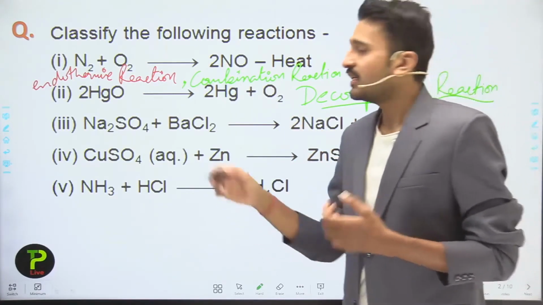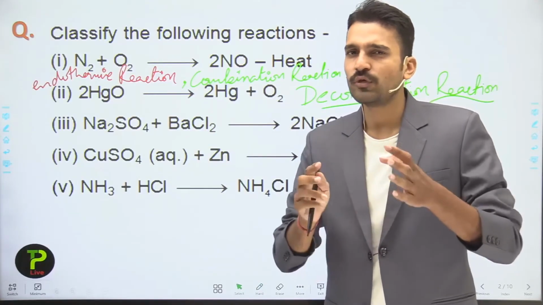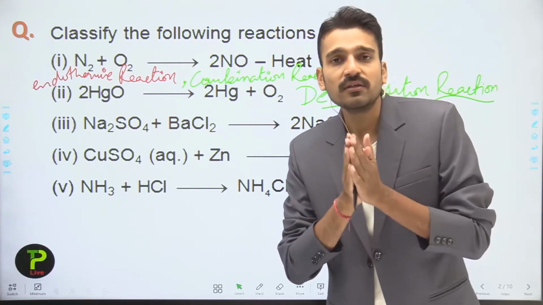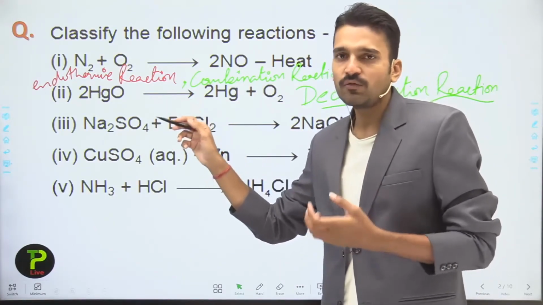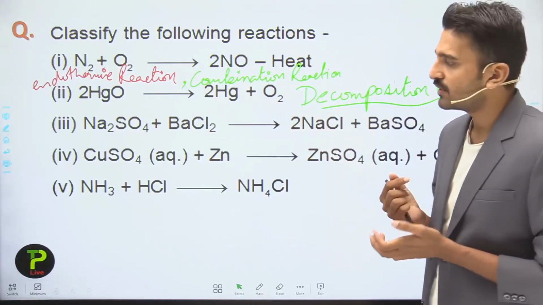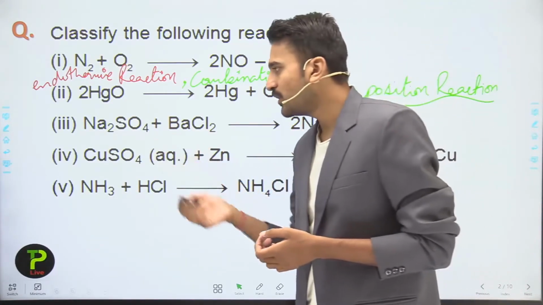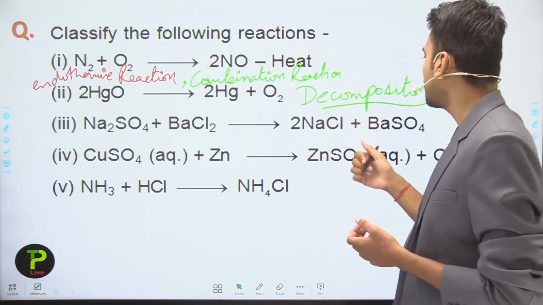And since nothing is given on the arrow, either heat, light or electricity, you can simply name it the decomposition reaction. If heat energy has been provided, you have to name it the thermal decomposition reaction.